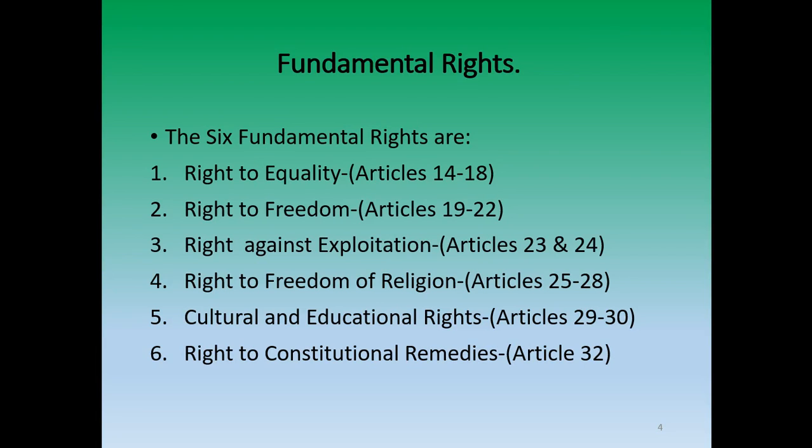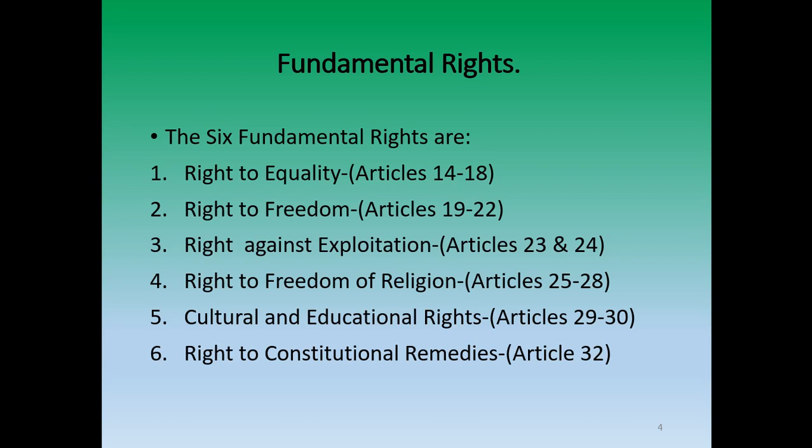the right to equality under Articles 14 to 18. The second fundamental right is the right to freedom, under Articles 19 to 21, which defines the freedoms for human beings. The next fundamental right is the right against exploitation, which contains Articles 23 and 24.